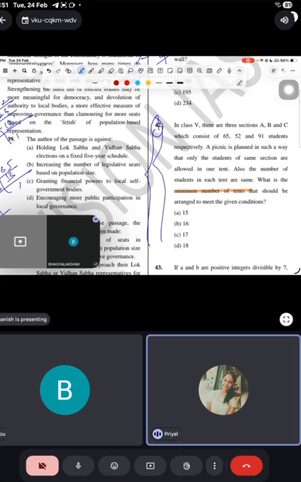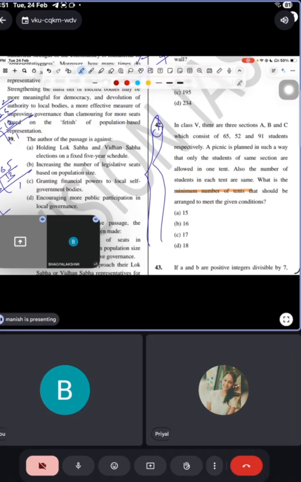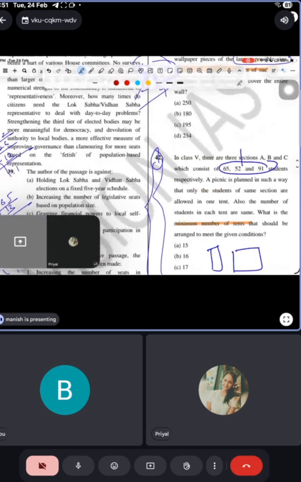The number of students per tent should be the HCF of the three. These are the three kinds of students, and we have to arrange the tents so that each kind of student should be in one tent only, and there should be an equal number. So it means we have to find the factor of these numbers.